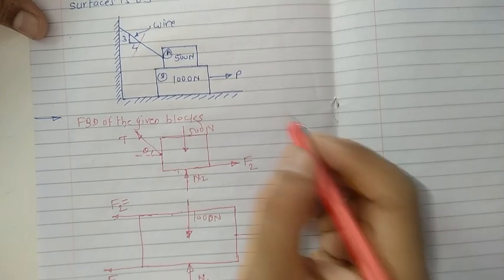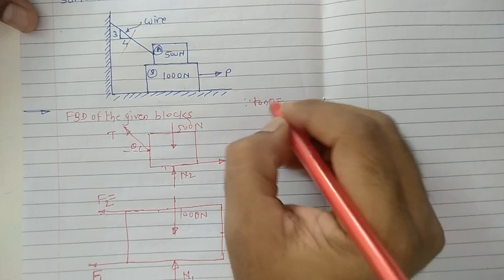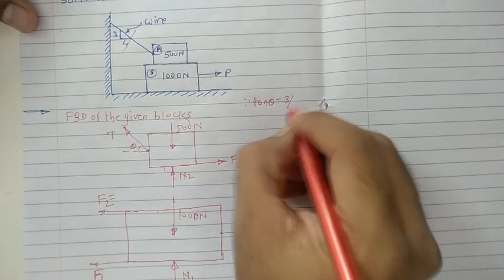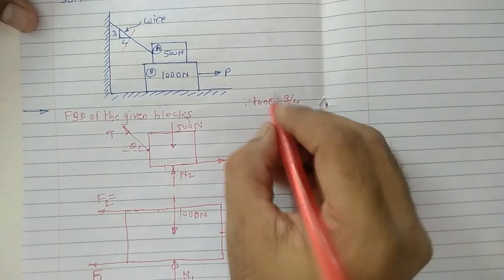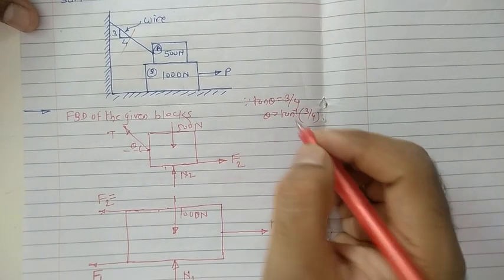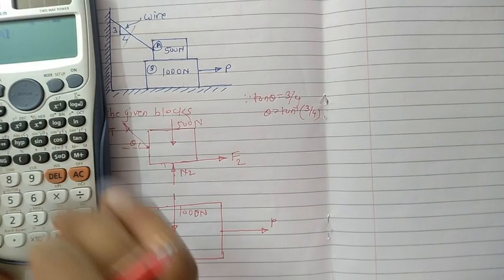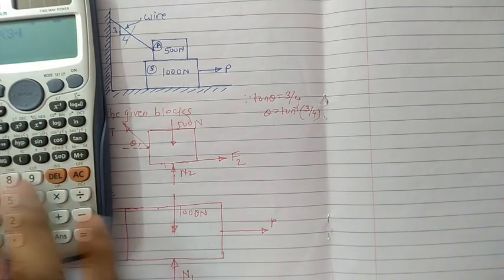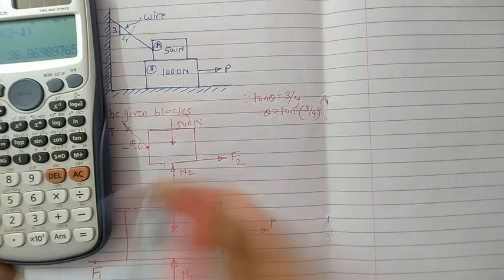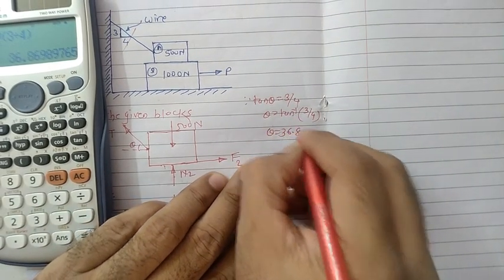Since tan theta equals 3 by 4, theta is the tan inverse of 3 by 4, which after solving equals 36.86.